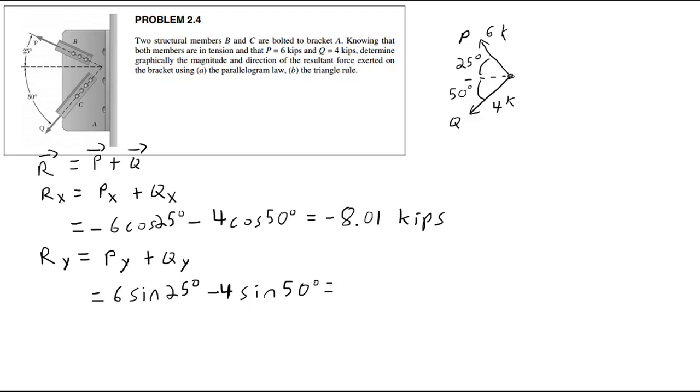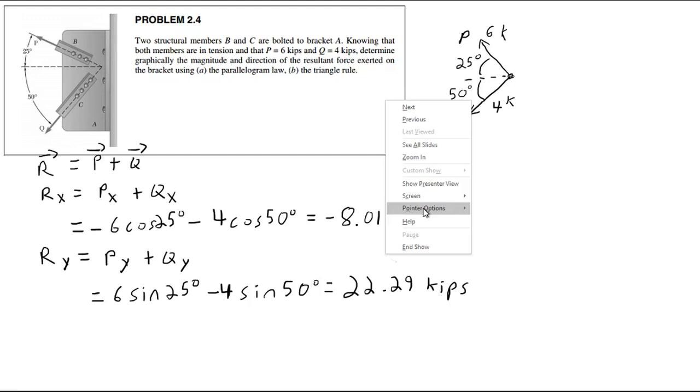Let me throw that into the calculator really quick. 6 sine of 25 minus 4 sine of 50. And this comes to 22.29 kips. Oh, no, it does not. Sorry about that. That was bothering me.